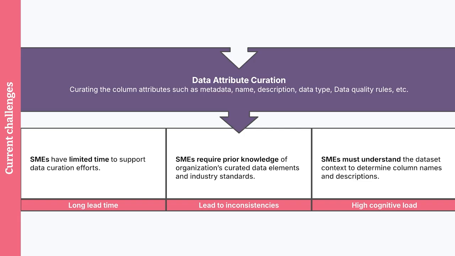And even when they work on this, they might need prior knowledge about the different data products that the organization already has and the current industry standards on what the naming and data quality rules should be. And finally, even with the same data set, they need to understand what it tries to solve so that all the names and descriptions can be understood by anyone who wants to consume it.